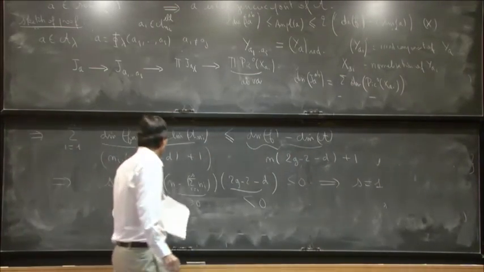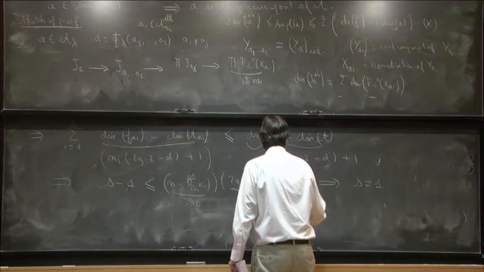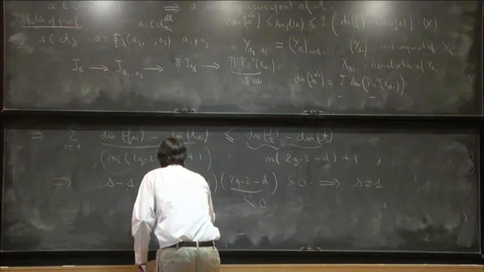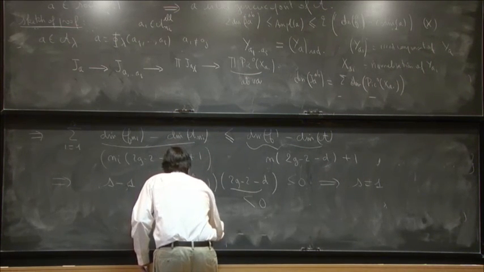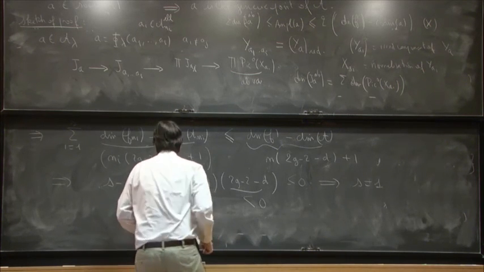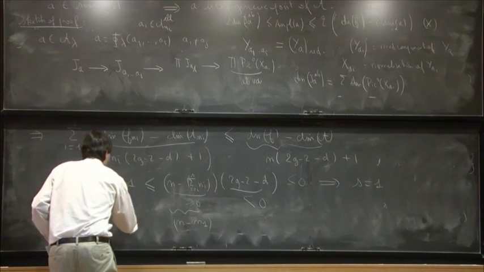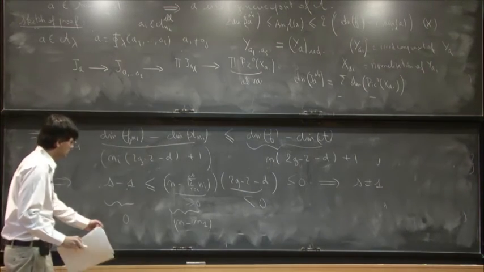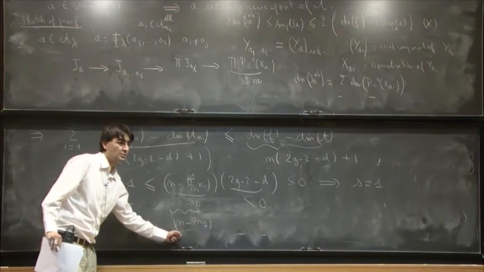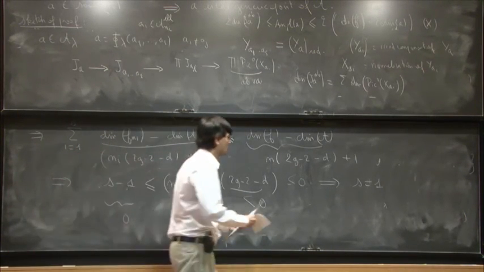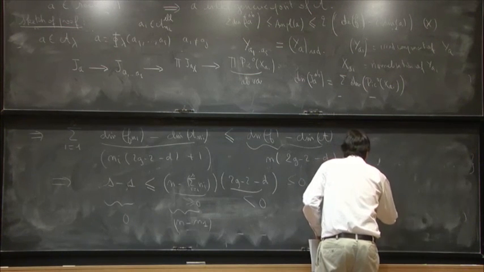But if s is 1, then here this is in fact n minus n_1. And here we know that this is 0. So here it must be 0 too. So n must be n_1.